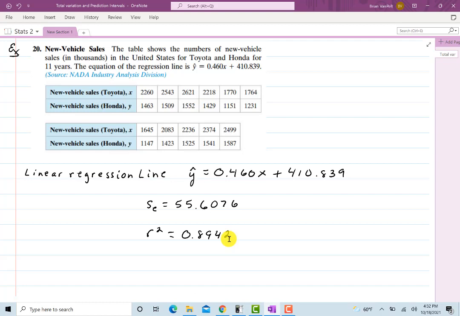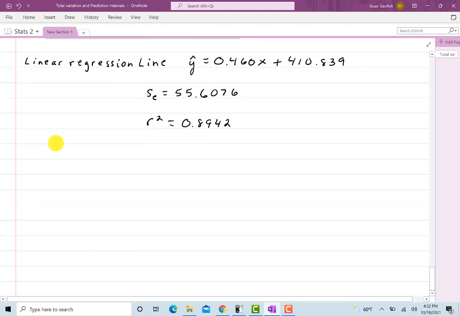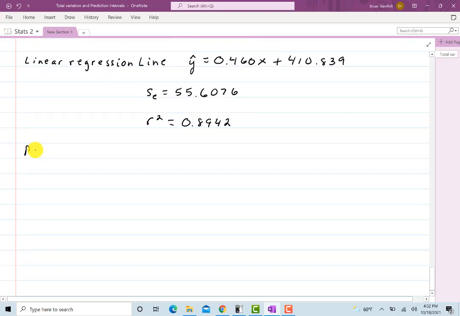Now that we have this information, we're going to use it to build a prediction interval. And you remember the way it looks is something like this.